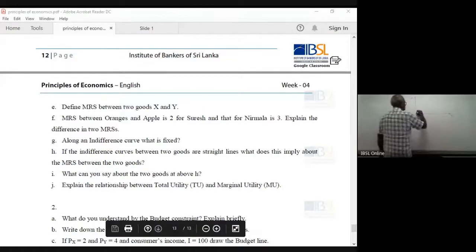Total utility increases, then reaches the maximum and then decreases. The marginal utility curve continuously decreases.